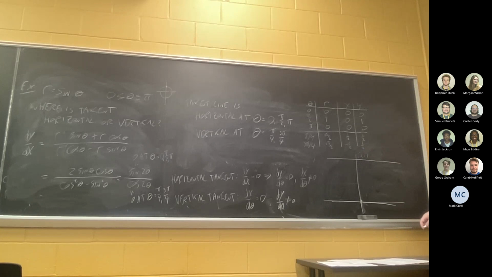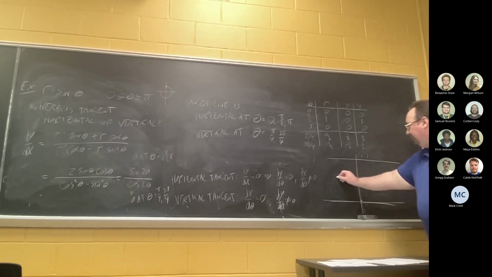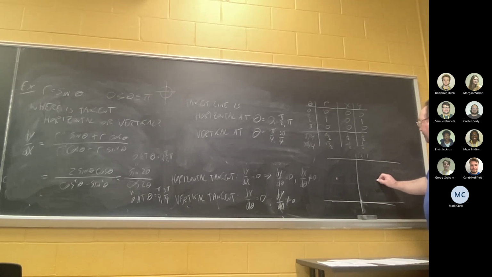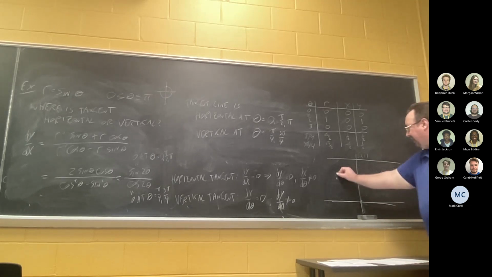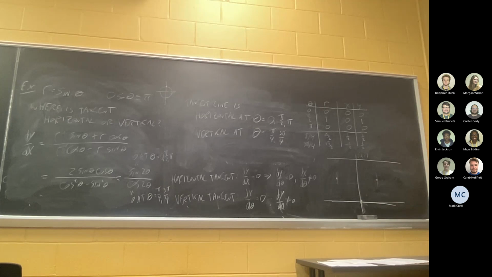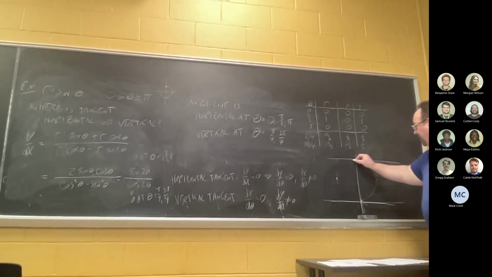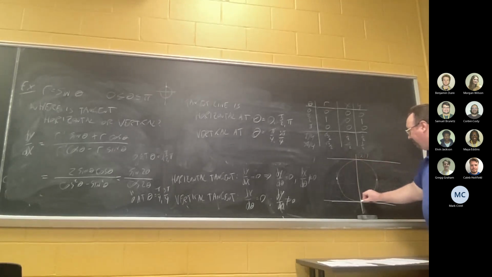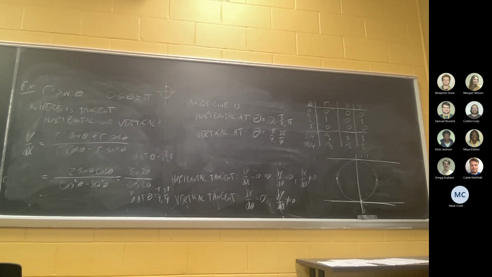But at x equals plus or minus 1/2, y equals 1/2, you have a vertical tangent. Since this is a circle, that's what we would expect: horizontal tangents at top and bottom, vertical tangents at far left and right.